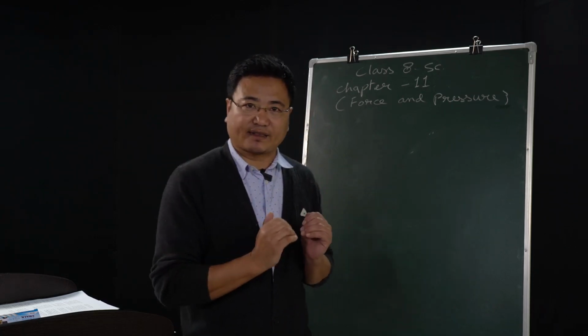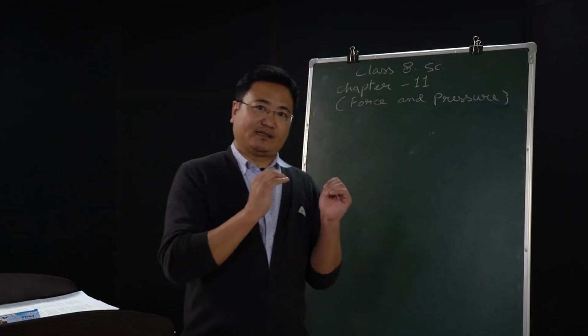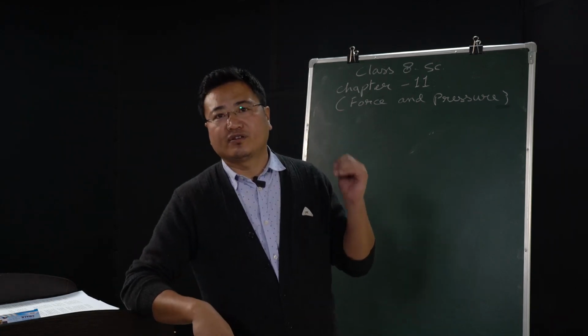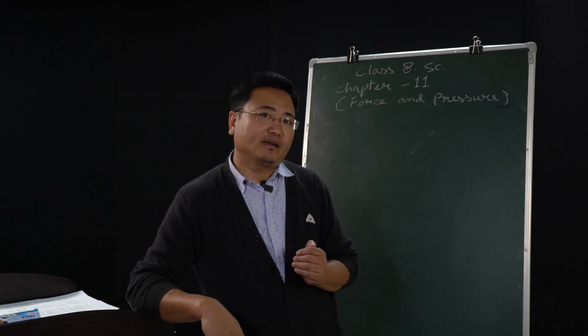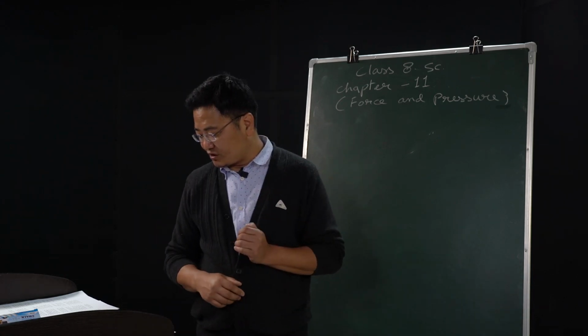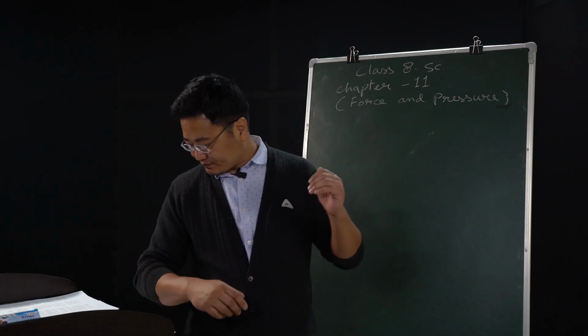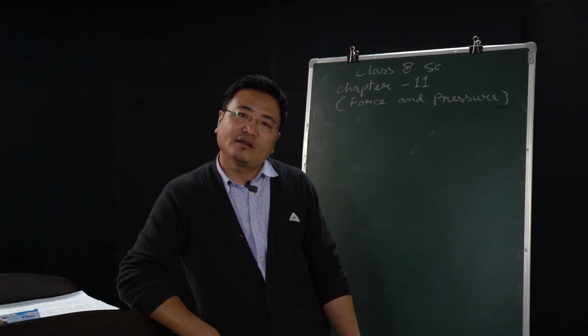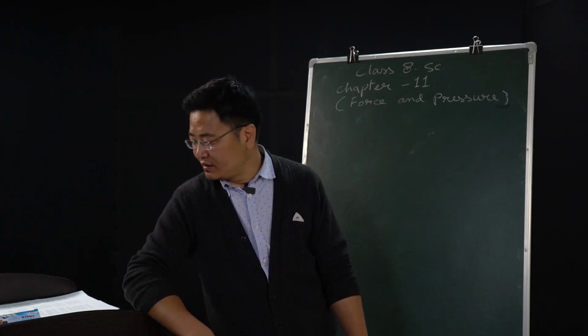There is no contact between the magnets. That is why this kind of force is called a non-contact force, and this force produced by a magnet is called a magnetic force.